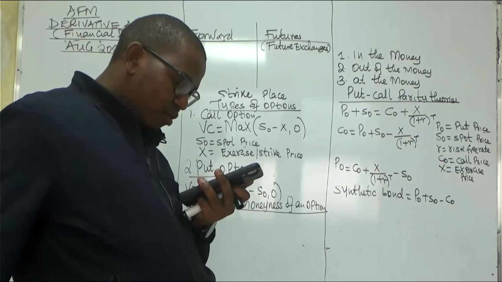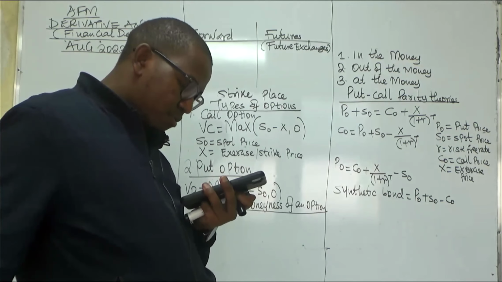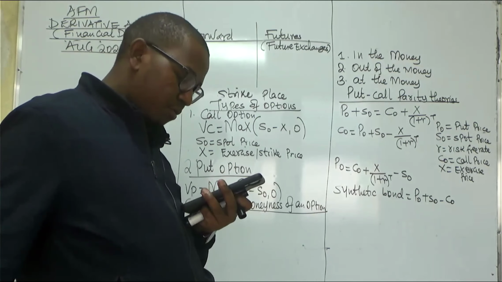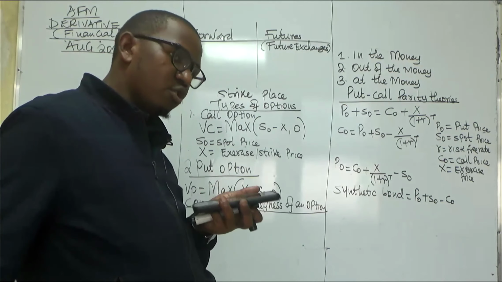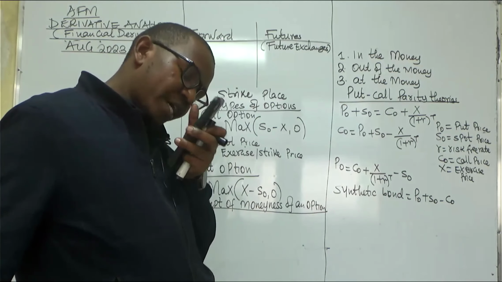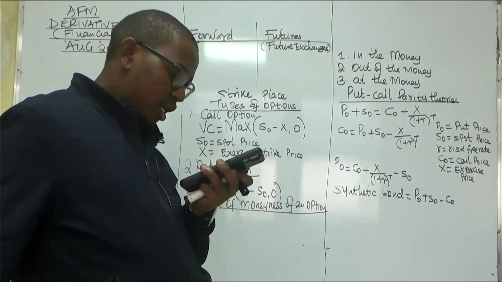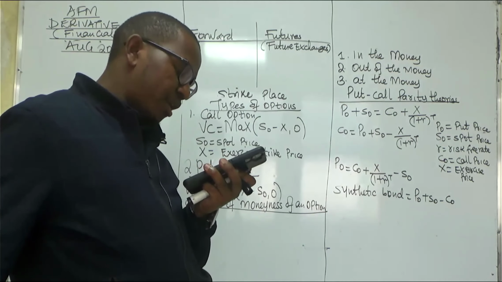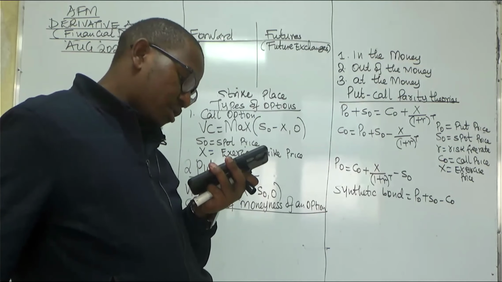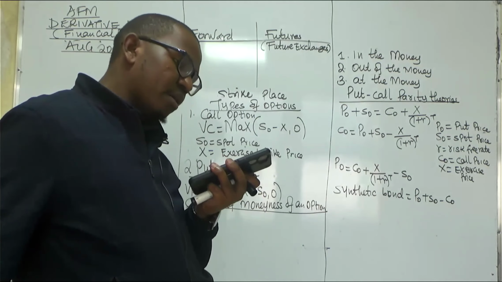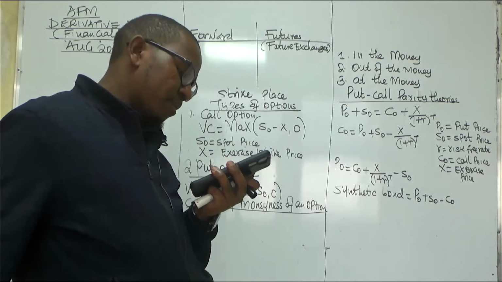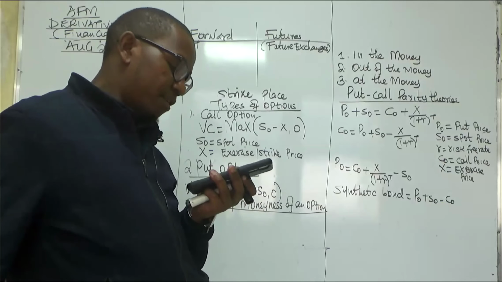You are provided with the following information on put and call options on a stock. Given the call price, we have the put price, the exercise price, days to option expiration, current stock price, and the number of days in a year. The risk-free rate we've been given there is 5%.